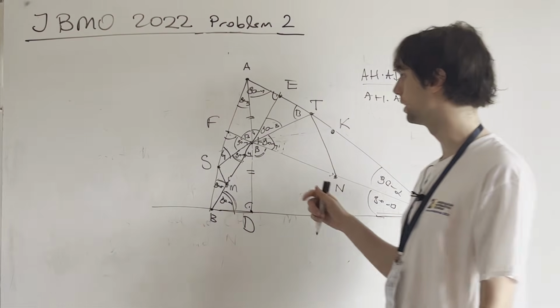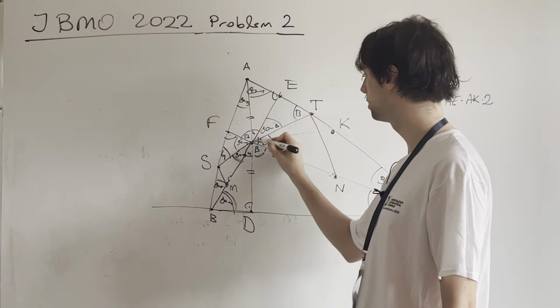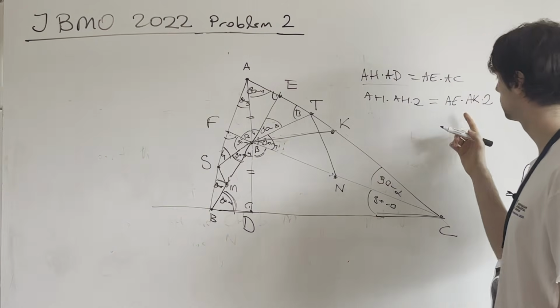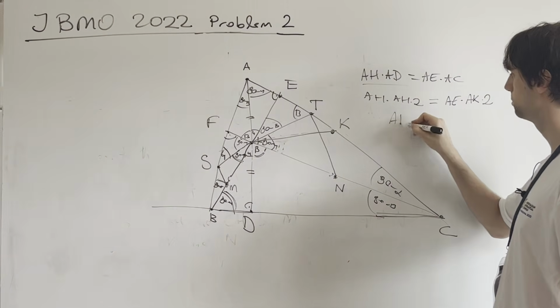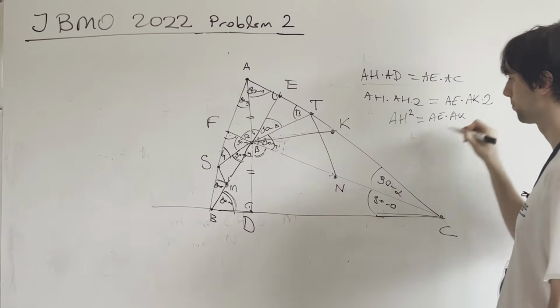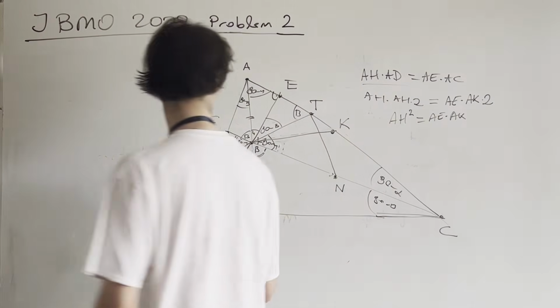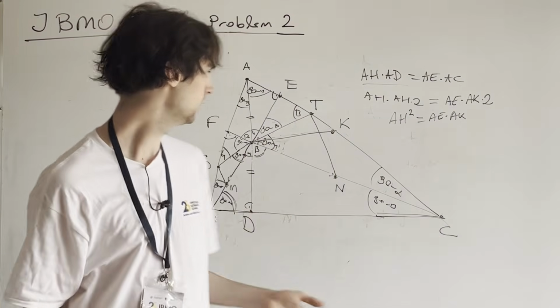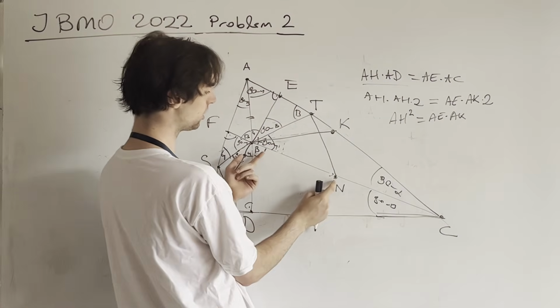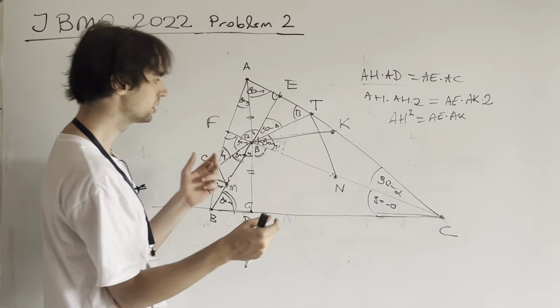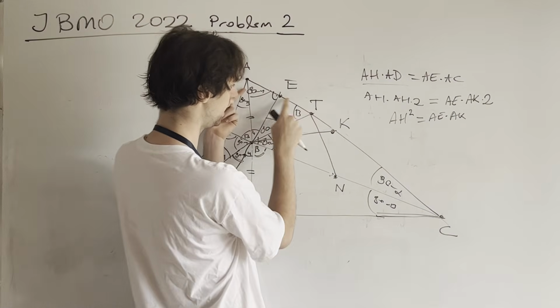Well, this gives me that AH squared is AE times AK. And this is, mind you, just the way I look at these problems. I'm also putting this midpoint because I can connect it to N in some way, shape, or form. Perhaps. Now this gives me what? AH squared is AE times AK.